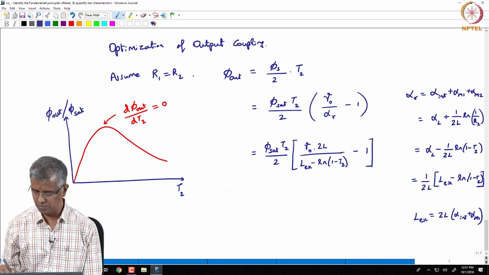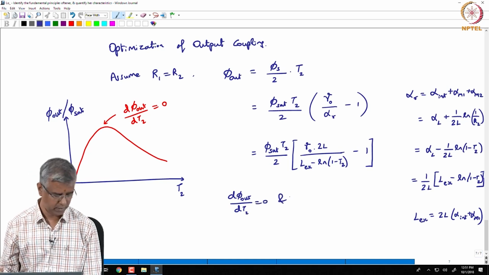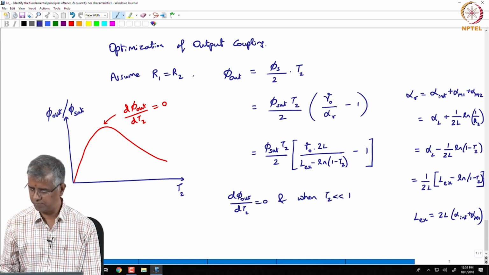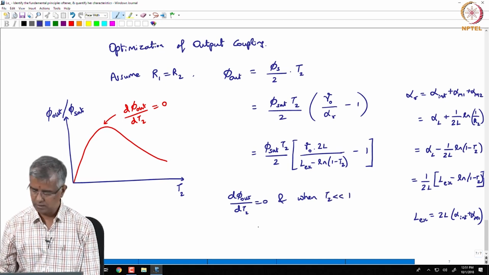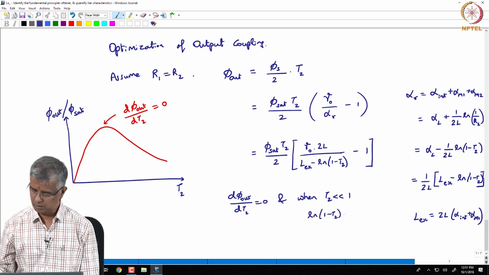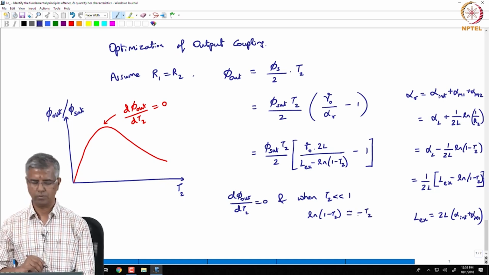So, if I am looking at d phi out over dT2 equal to 0, and when T2 is far less than 1, such that ln of 1 minus T2 is approximately equal to minus T2, right.